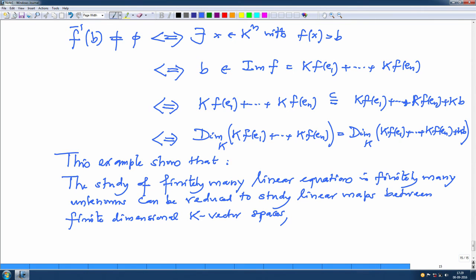Especially their image spaces, kernels, their dimensions, and more invariants, which we will introduce in the due course of these lectures.